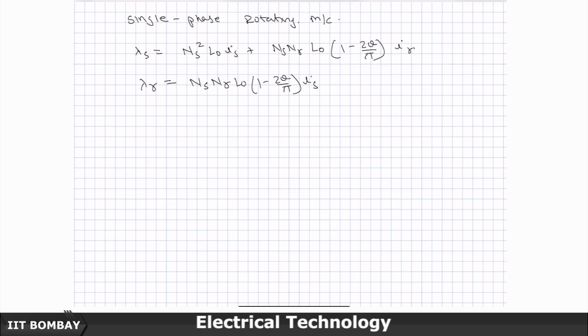We have derived these formulas earlier, and Nr square L naught Ir. So, this side is the rotor winding flux linkage, this side is the rotor winding current. Therefore, this indicates the self inductance of the rotor winding.